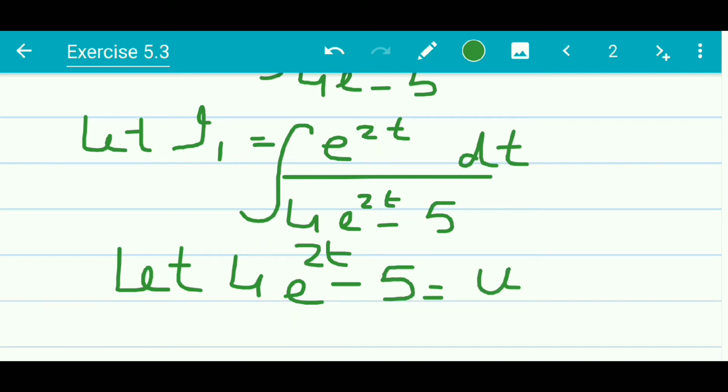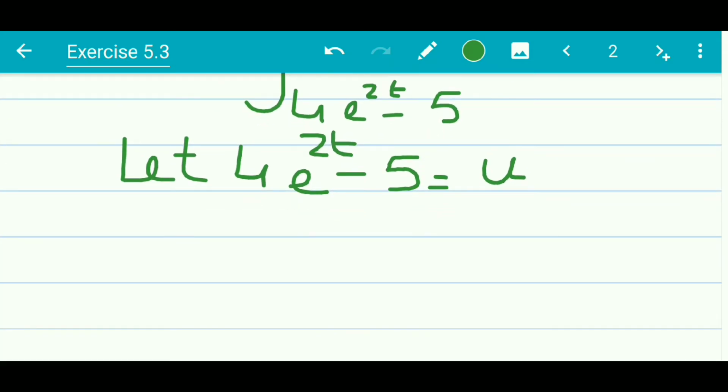We cannot put t over here because t is already a variable. Upon differentiating with respect to t, we get 8 e raised to twice of t is equal to du by dt.